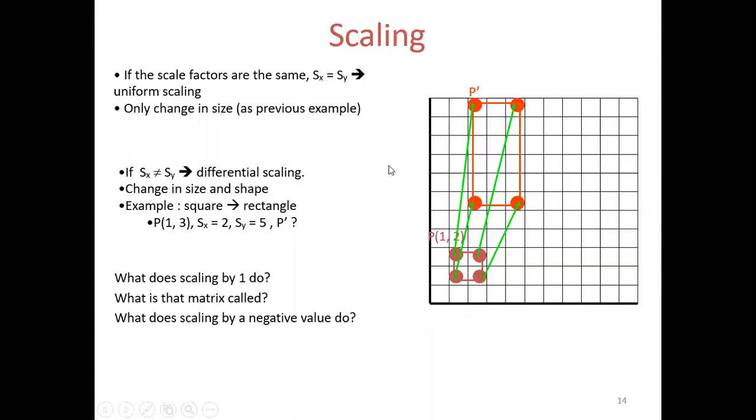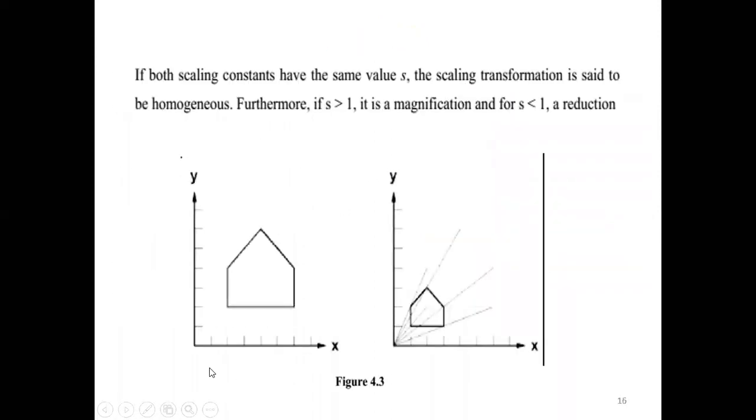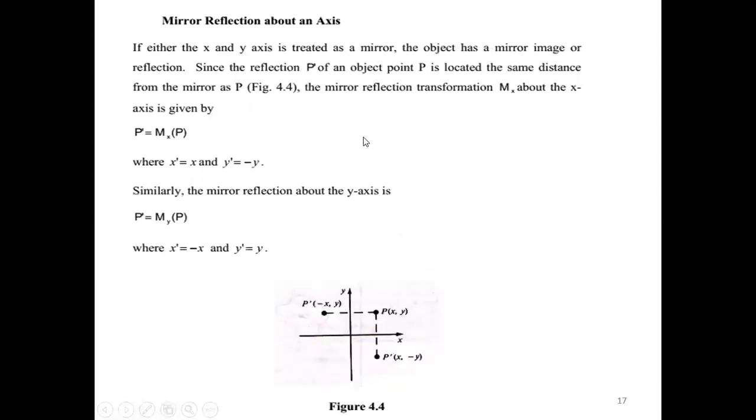This is all about basic scaling that you need to know. Here is another object where no coordinates are given, but if we apply scaling with the help of a matrix, we can easily change its size. Now we will finish scaling here, and next we will start another topic, rotation.